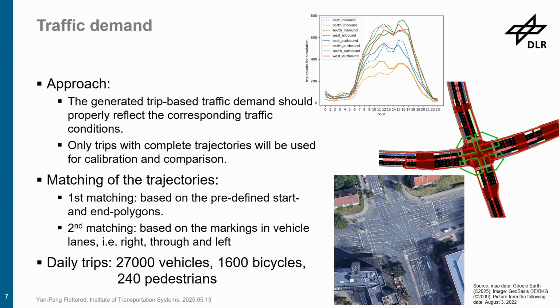Therefore, we also use the trips derived from incomplete trajectories. We don't want to throw them out, otherwise the traffic demand might be underestimated. So we still keep them to make our simulation reliable and realistic. But at the same time, we only use the complete trajectories for the calibration and the comparison with the real data.